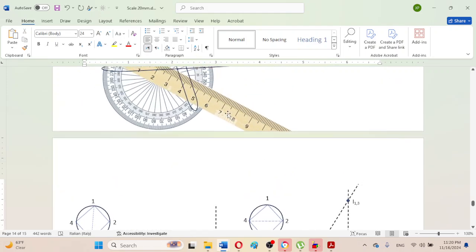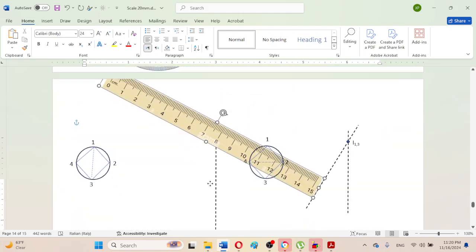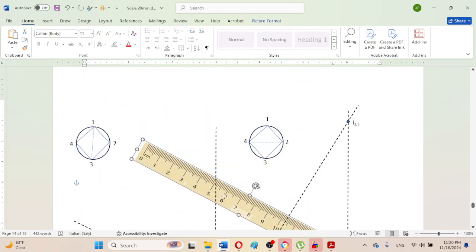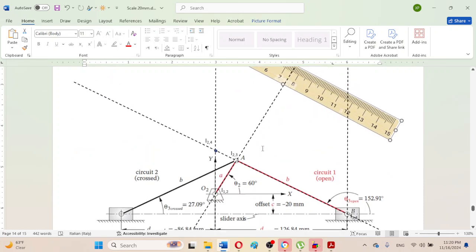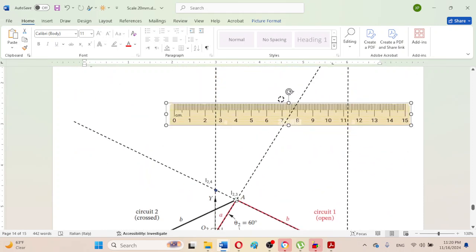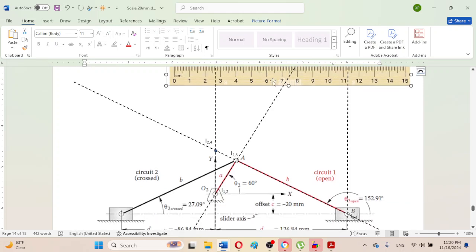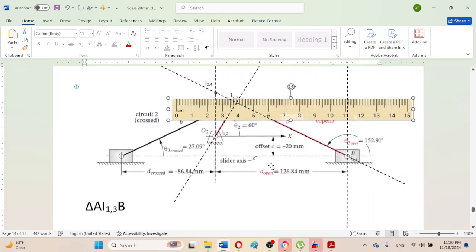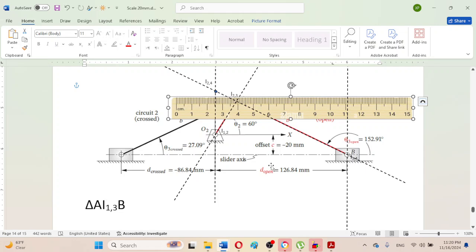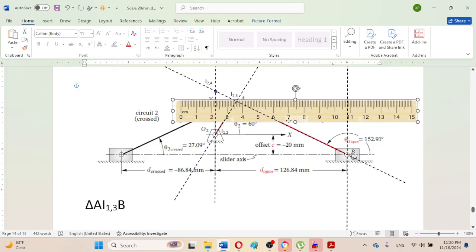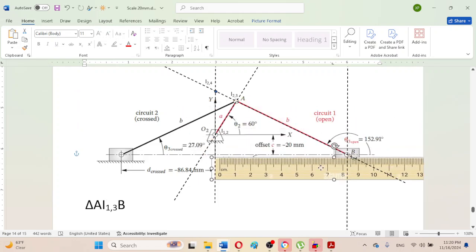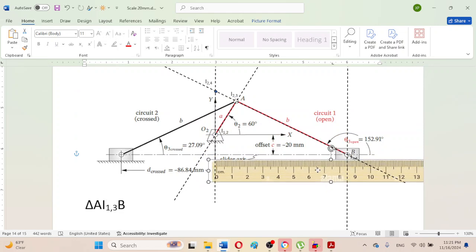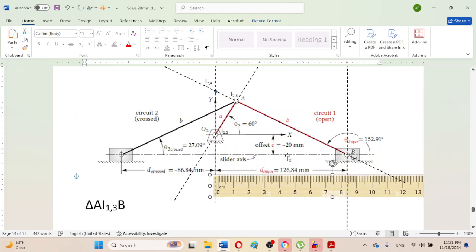For example, I can use this linear scale here in this view, because this diagram has just been copy pasted.